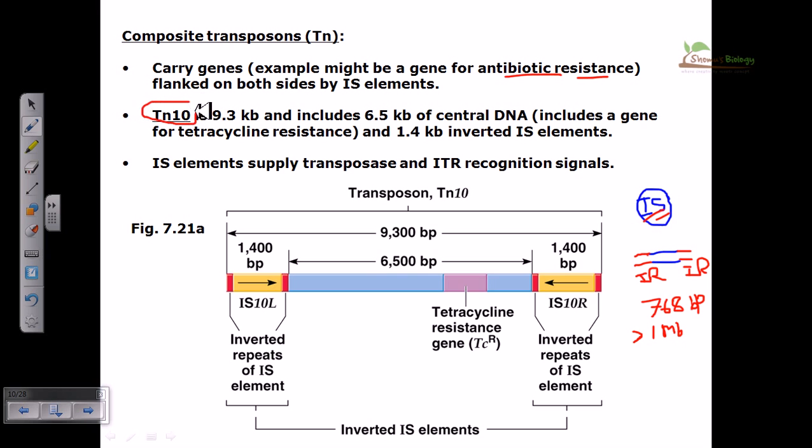Here we are looking at the Tn10 transposon of bacterial cells. It consists of a total of 9.3 kb of nucleotide sequence, so pretty big, and it includes 6.5 kb at the central region, which is the gene region that codes for tetracycline resistance.